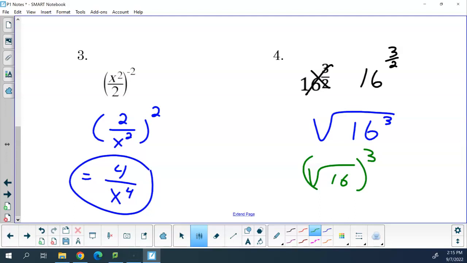What's the square root of 16? That's 4, right? We can do that. And what's 4 cubed? Well, what's 4 times 4? 16 times 4. Yeah, I'm not real sure either.